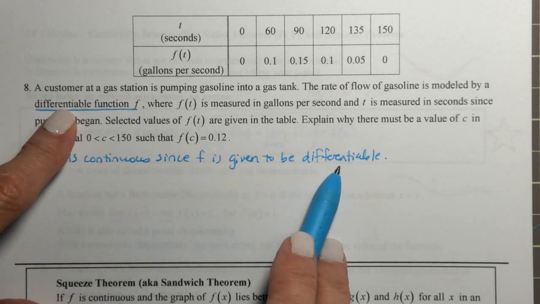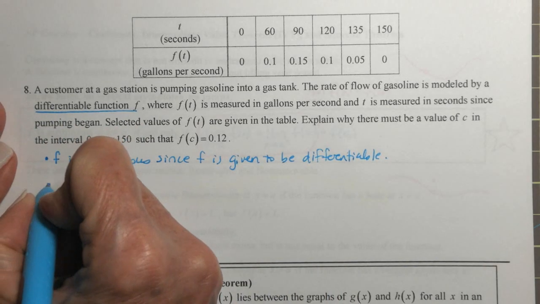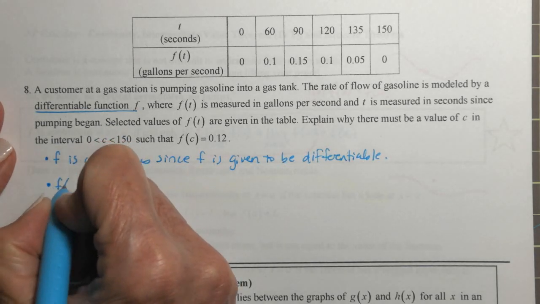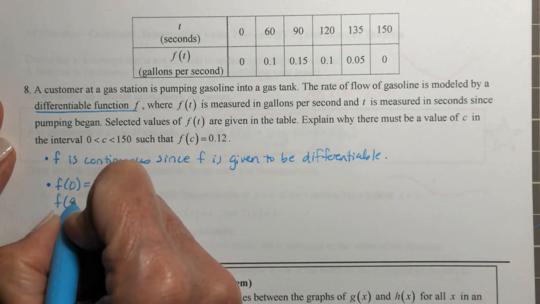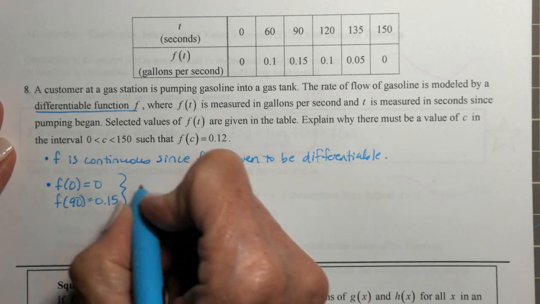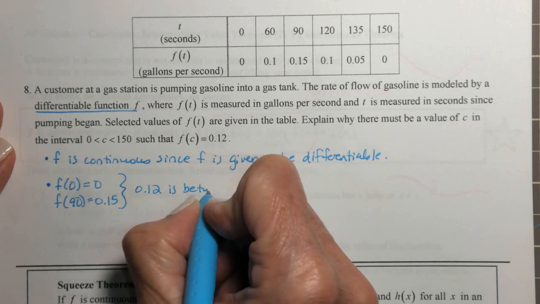So don't tell me that it's given to be something that's not given to be. Okay? All right. Step 2, the meaty math step. f of 0 is 0, f of 90 is 0.15, and 0.12 is between these values.